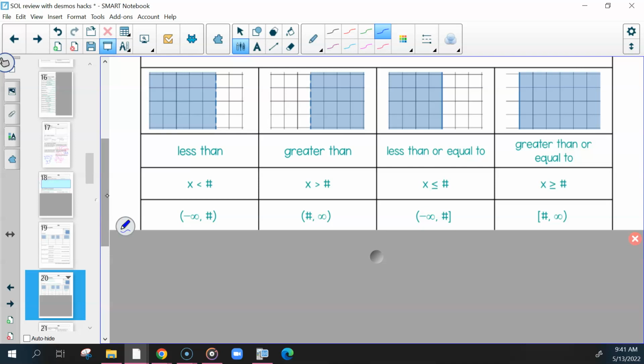Who's still writing this down? Okay. To the top part.